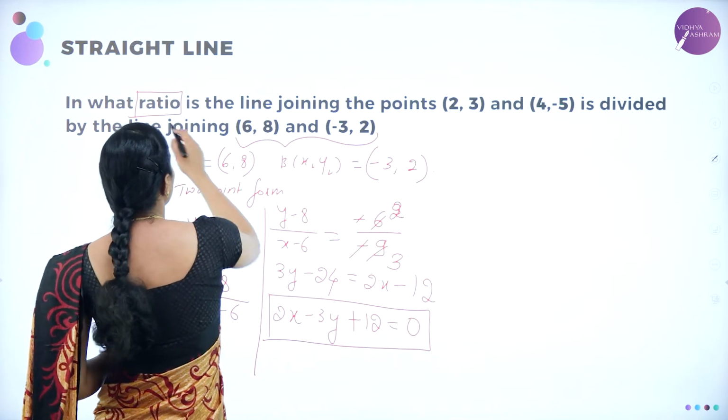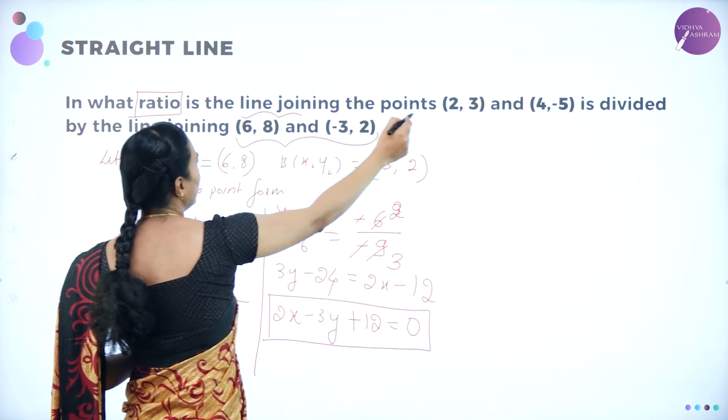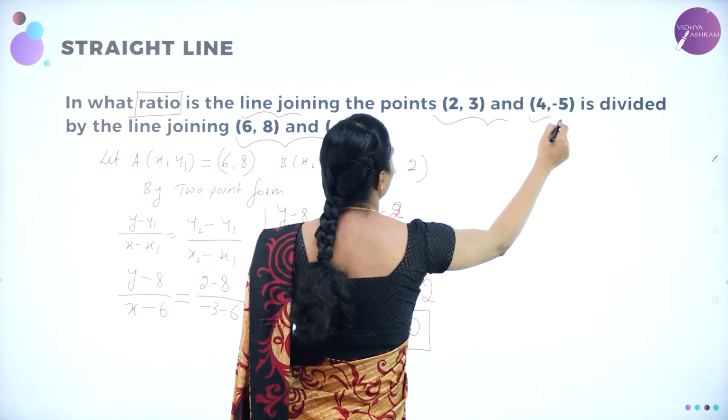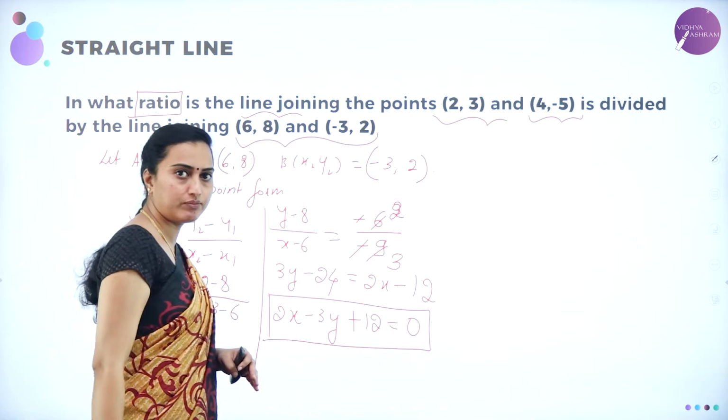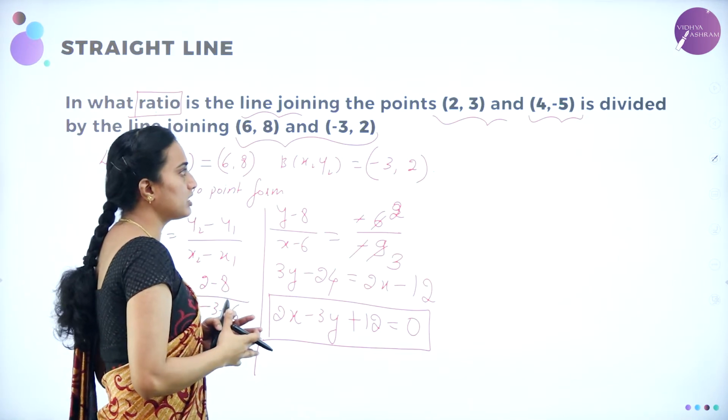Now they have given the line joining the points (2, 3) and (4, -5). How can I take the ratio?